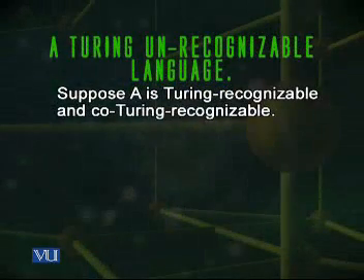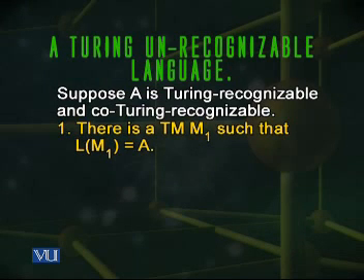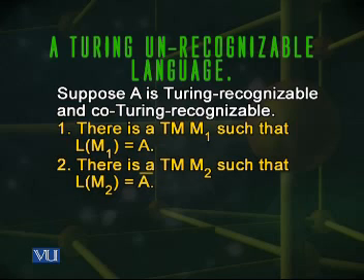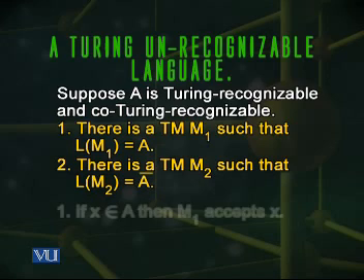Let's look at this proof in more detail. Suppose A is Turing recognizable and co-Turing recognizable. Then since A is Turing recognizable, there is a Turing machine M1 such that the language of M1 is exactly equal to A. Since A complement is also Turing recognizable, there is another Turing machine M2 such that the language of M2 is A complement.